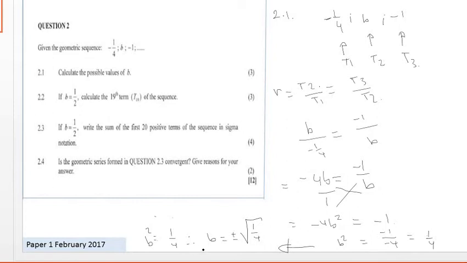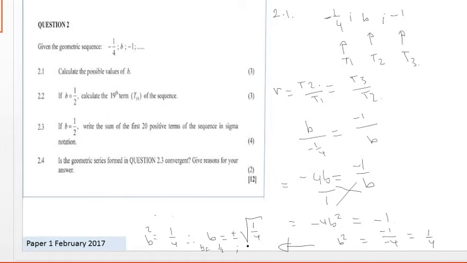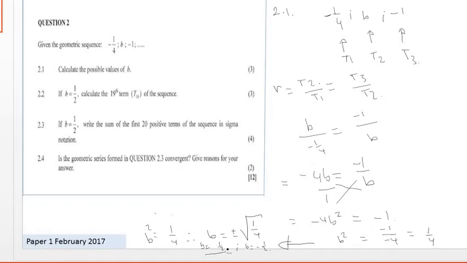The first one is b equal to 1 over 2, and the second one is b equal to negative 1 over 2. So these are the values of b. The first one is half, and the second one is negative 1 over 2.